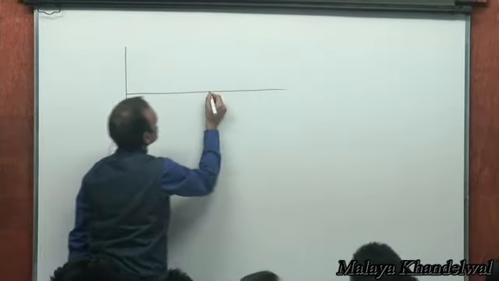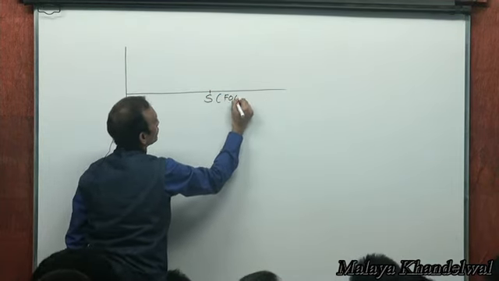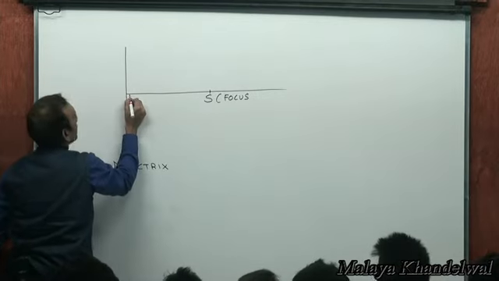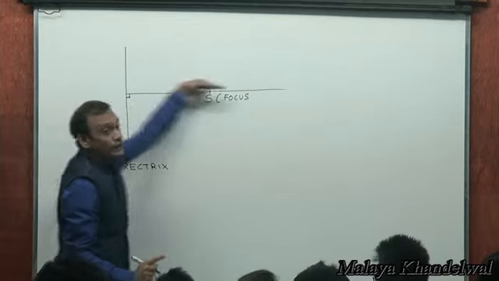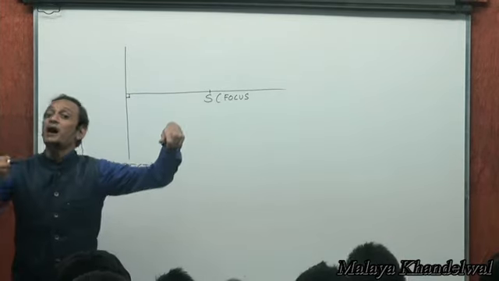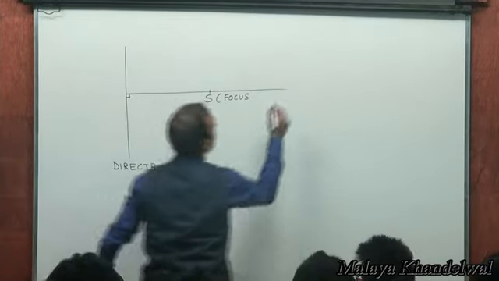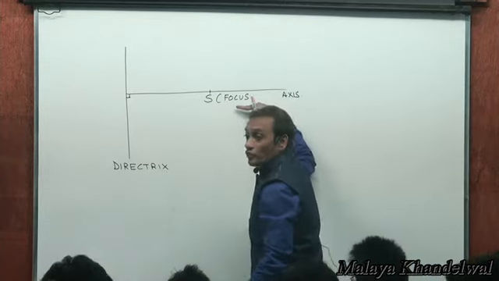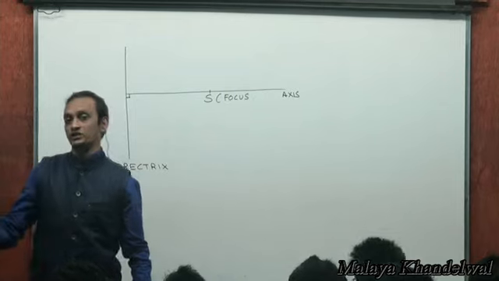This is the focus S of the conic section, and this one line perpendicular to the directrix and passing through the focus is called the axis of the conic section. A line passing through the focus and perpendicular to the directrix is called the axis of the conic section, right?